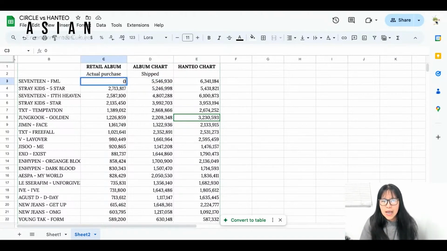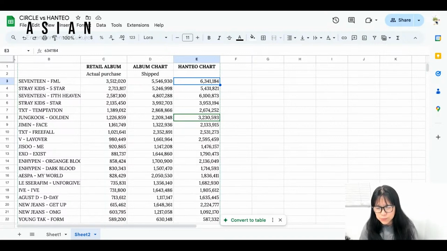However, Hanteo is saying that the actual purchase is 6.3, well, actually 6.34. So I am personally not quite sure where the difference is. There are some unofficial explanations, which I'm going to be giving you in a bit. Unofficial meaning that Circle Chart and Hanteo never admitted or explained why there is such a huge difference in the numbers that they are providing.